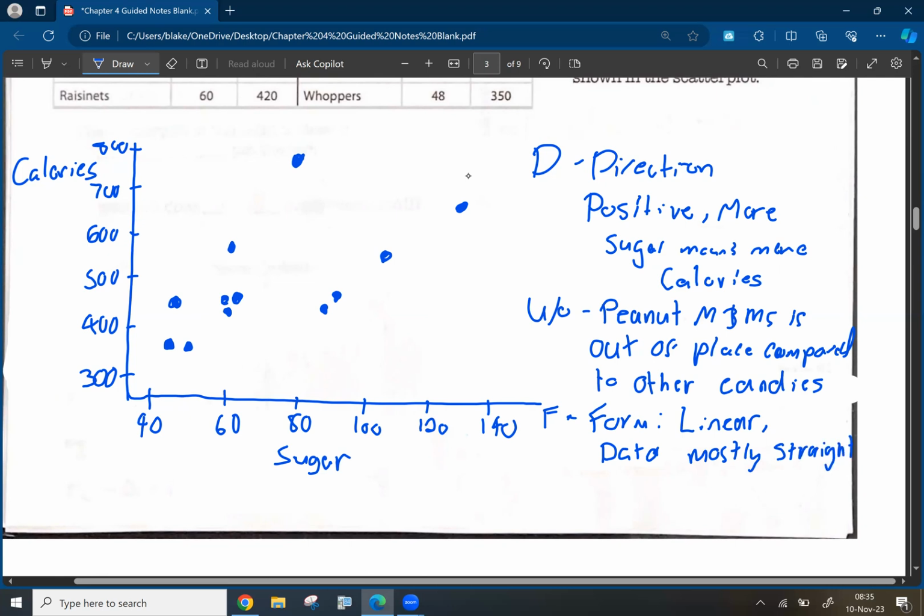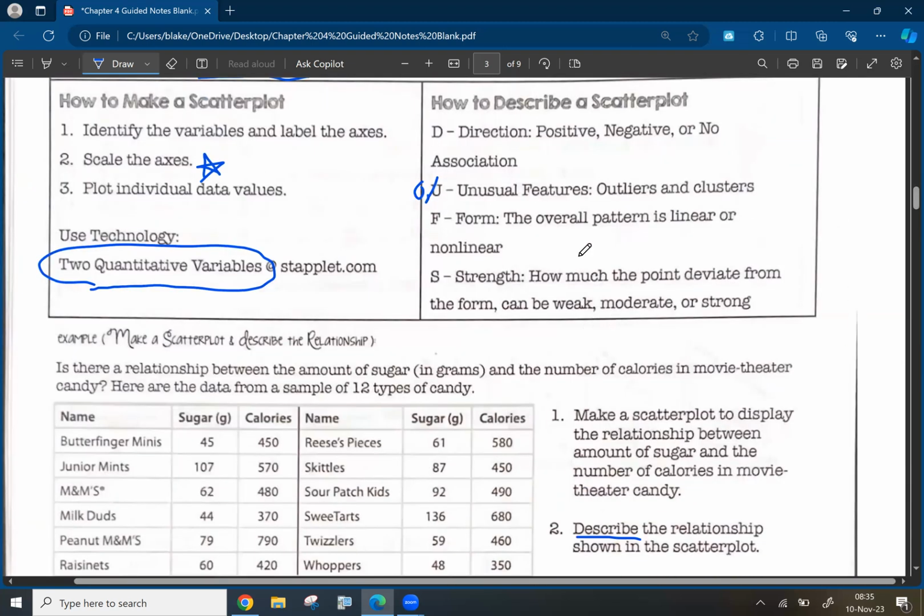And then finally, S is for strength. So strength, remember, if the points are in a row and very compact and not very spread out, that's a very strong correlation. If they're really spread out, that's weak correlation. And if it's in the middle, somewhat moderate.